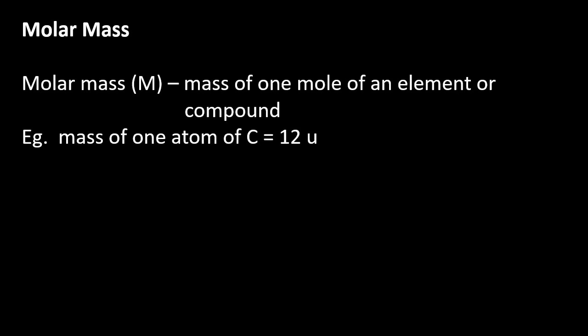So we see that number as the mass of 1 mole of a substance. The atomic mass is the mass in atomic mass units of one atom, but it happens to be also the mass of 1 mole of the substance in grams. So we use that same number for both of those types of quantities.